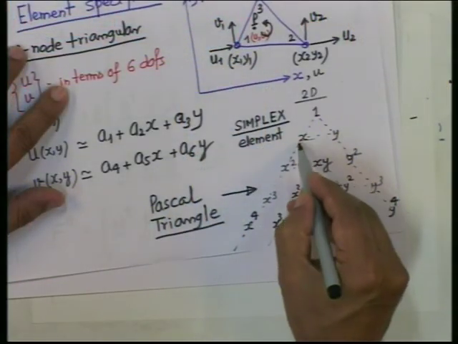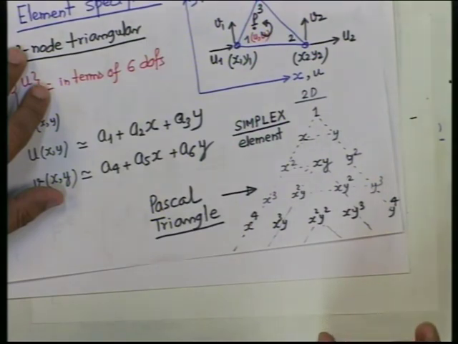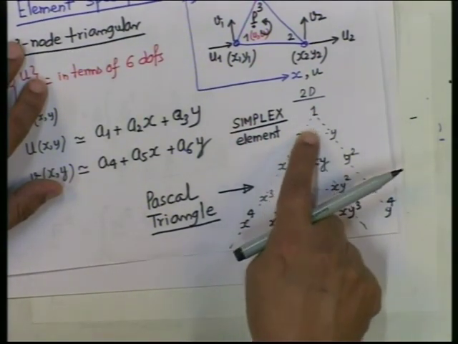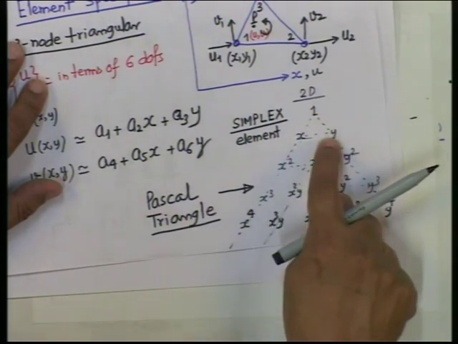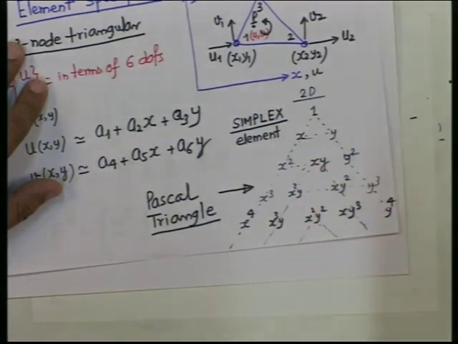If you see our Pascal triangle for this element, it contains 1, x and y. The moment xy comes, it is a quadratic, so it is not included in the triangle. So, the beauty of this is derivative with respect to x will give me the coefficient of this, derivative with respect to y will just give you this.